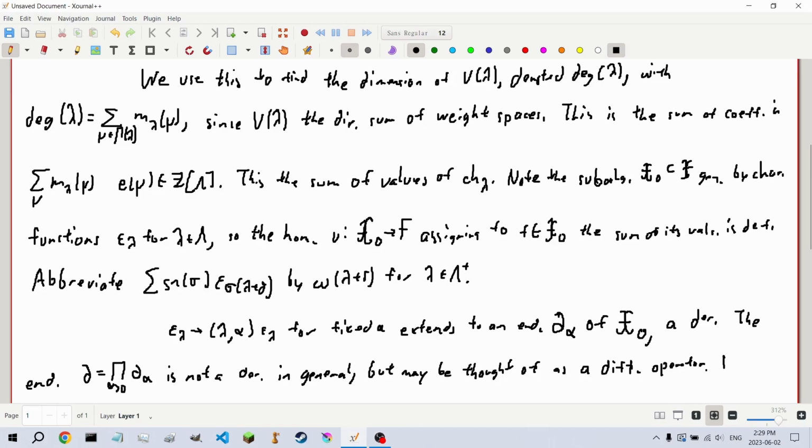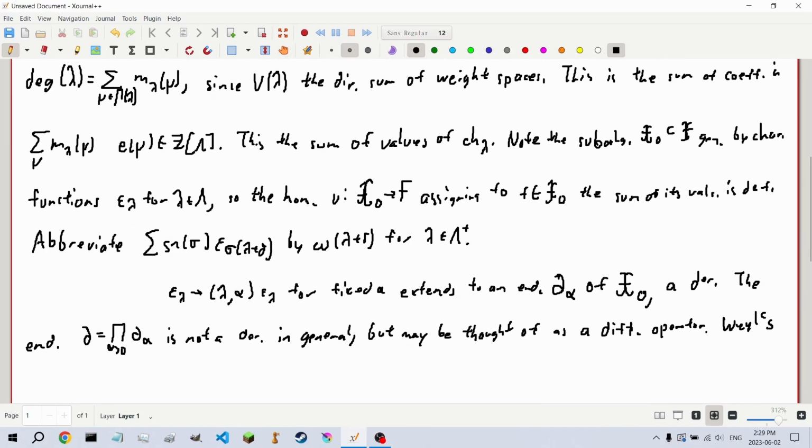Now, Weyl's formula reads: omega of delta convoluted with the formal character of lambda is omega of lambda plus delta in the sense we wrote above.